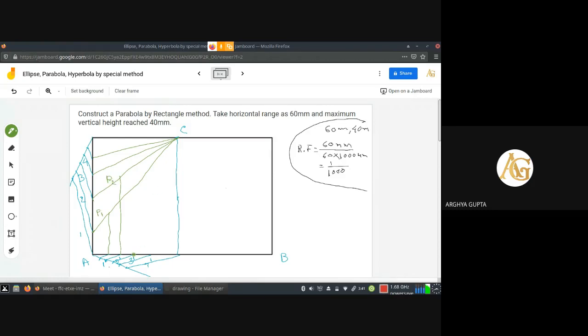From 3 also, so that will be P3. From 4 also, up to line 4, so that will be P4. Now all the points and A and C are to be joined with a thick line.